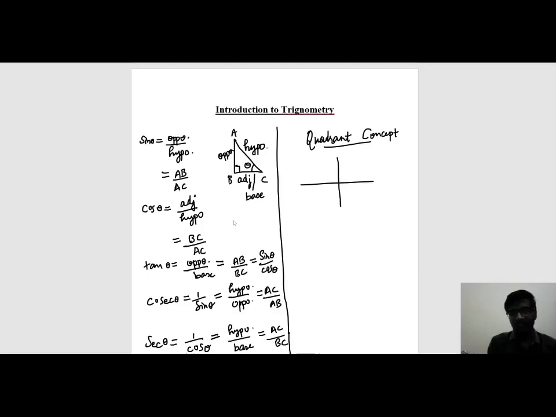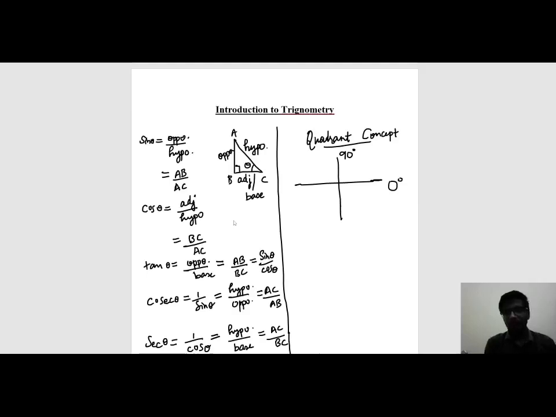First quadrant, second quadrant, third quadrant, fourth quadrant. In trigonometric terms, we will deal with angles. So we know that this is 0 degree, and this will be 90 degree, right?